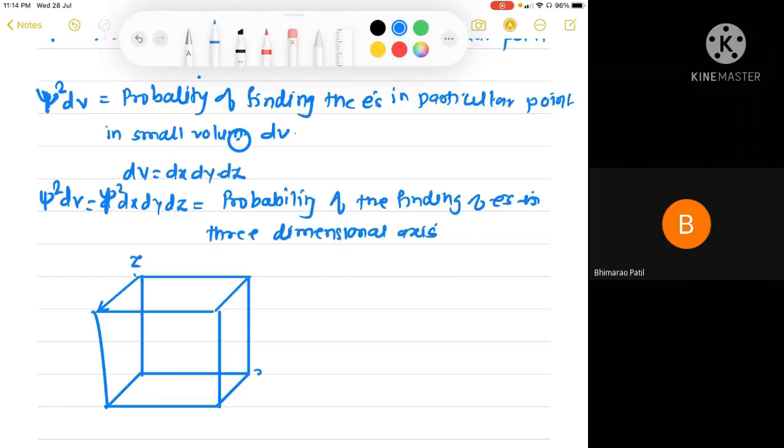This is the z-axis, this is the x-axis, and here is the electron. What is the probability of that electron in three-dimensional space? That can be measured by integrating psi square dv from minus infinity to plus infinity, and that is always equal to 1. That is the condition for normalization.